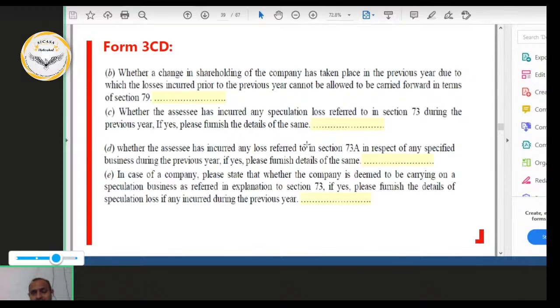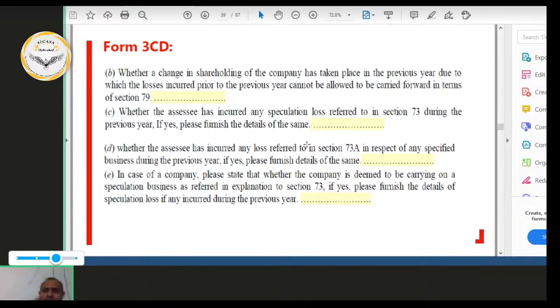Remember, for a company assessee, if they purchase shares and their objective is not trading in shares, and it is not an investment company or a banking company, then it is a normal company. For example, take Infosys. Assume Infosys purchased shares of Reliance and took delivery.